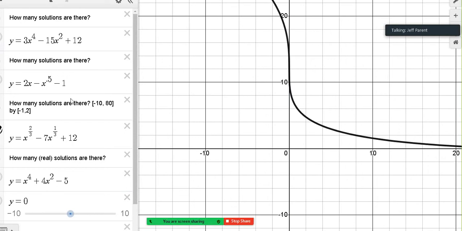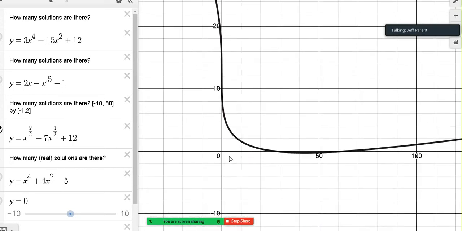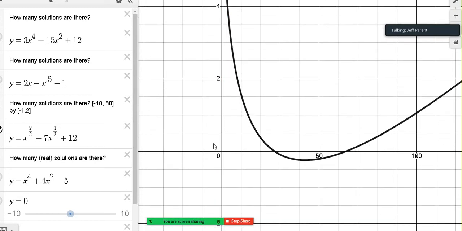So I put a little reminder here in your Desmos link to adjust the window so you go all the way out to 80, say. And that's good enough. I'll zoom in this way. How many solutions do you think you expect on this one? 2. Yeah, 2. Looks like it crosses the x-axis twice. So we expect 2 real solutions.